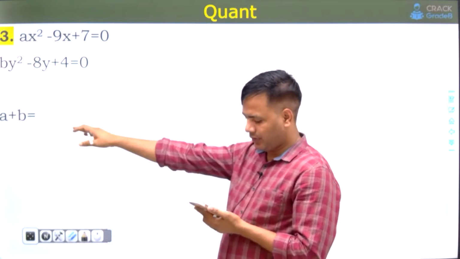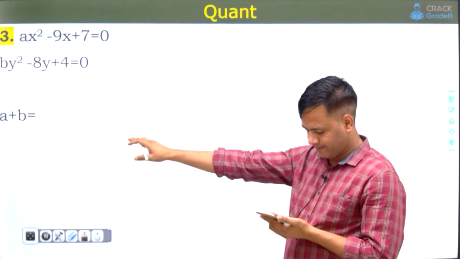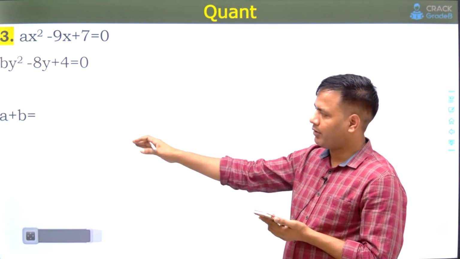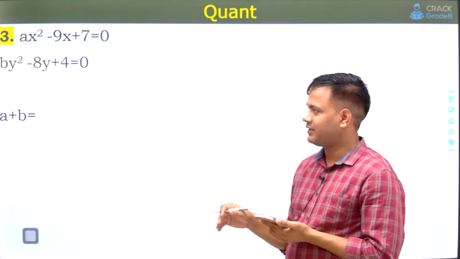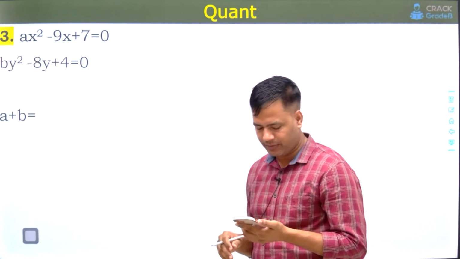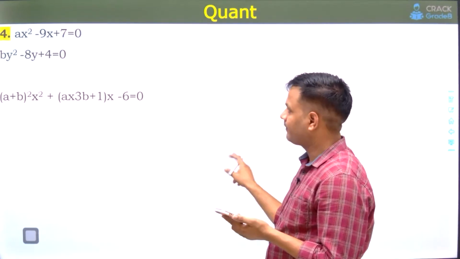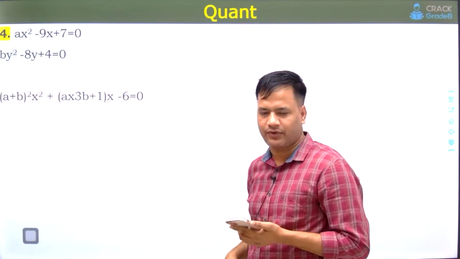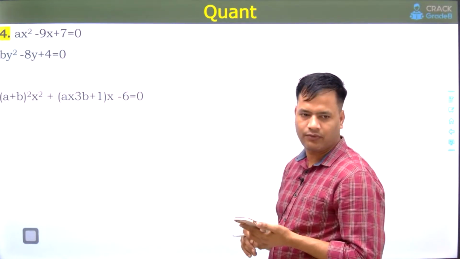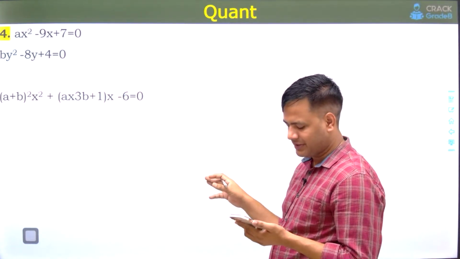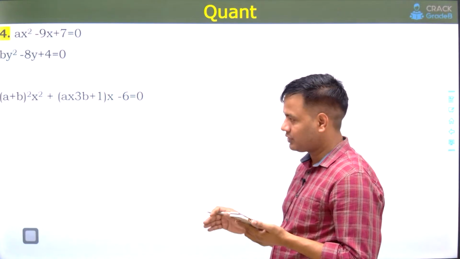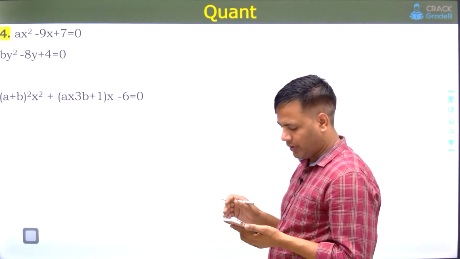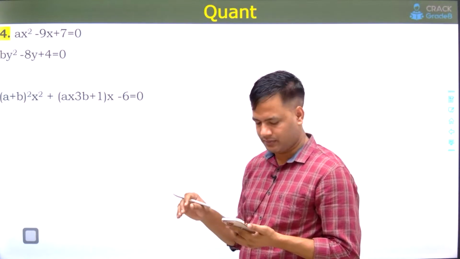And then you have to simply calculate the value of a plus b, and then put the a plus b value in this equation. Then you can calculate from here. This was a little lengthy question, but you can easily solve 3 questions based on that. You have to use the basic concept only.